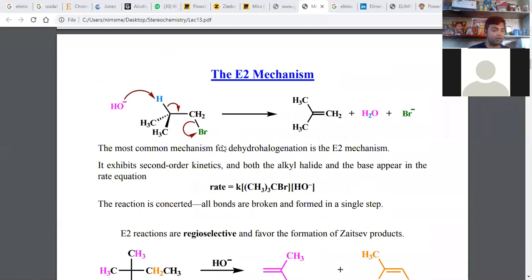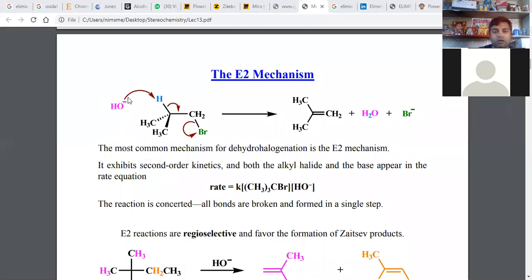We'll discuss E2 reactions, the E2 mechanism. This is the most common mechanism for dehydrohalogenation. In dehydrohalogenation, we remove a hydrogen as well as the halogen atom, which is why it is known as a dehydrohalogenation reaction. The halogen group is lost and a hydrogen is also lost in the presence of a base.